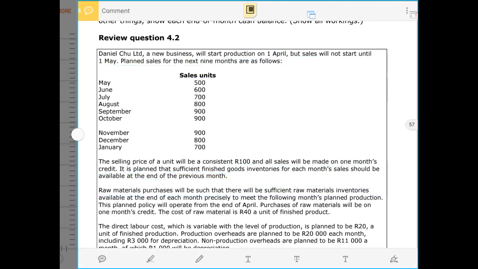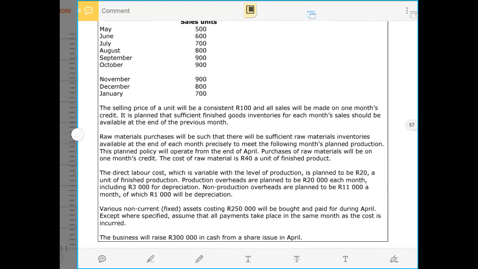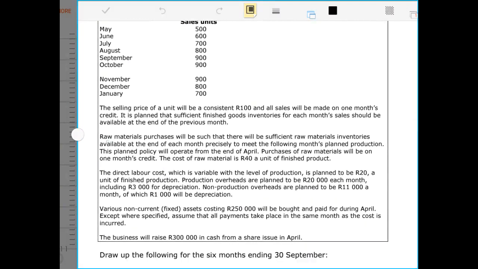So now we continue on that same note. I'll try to clarify everything in this question. Then it further says that raw material purchases will be such that there will be sufficient raw material inventories available at the end of each month precisely to meet the following month's planned production.